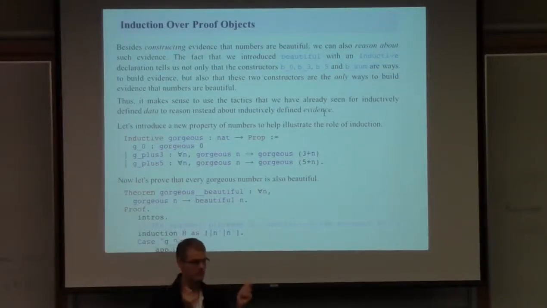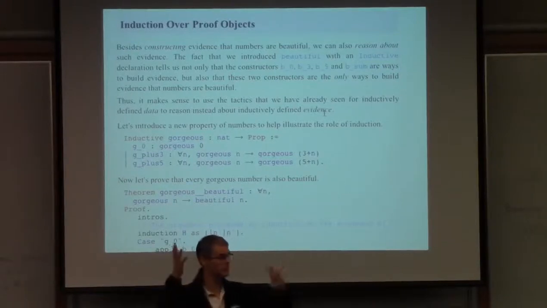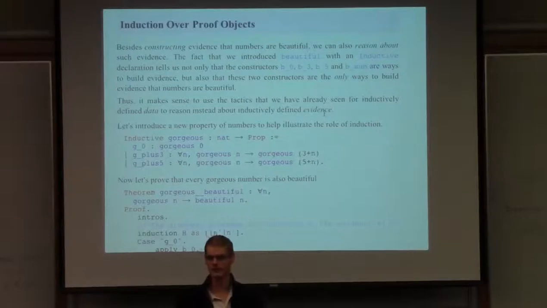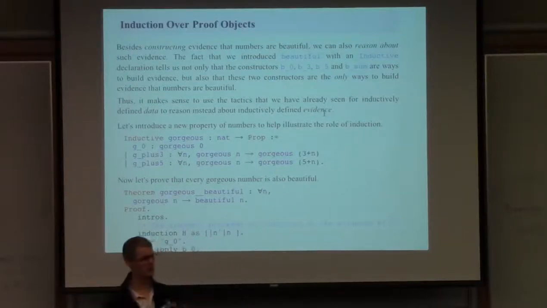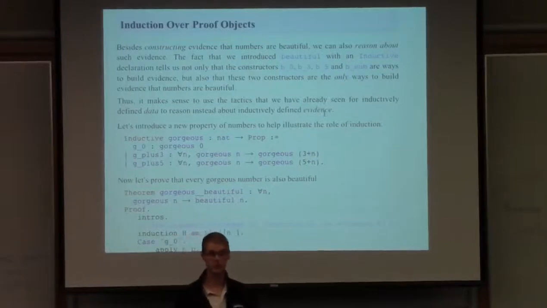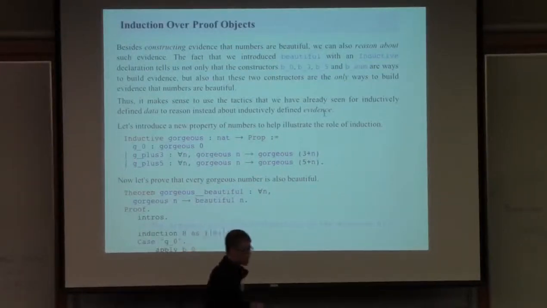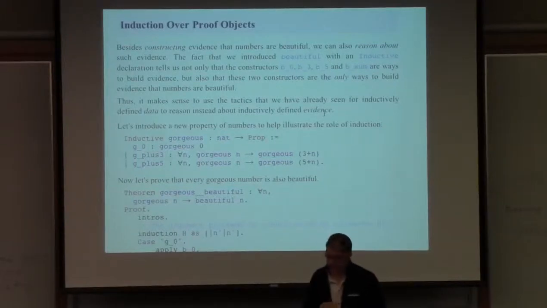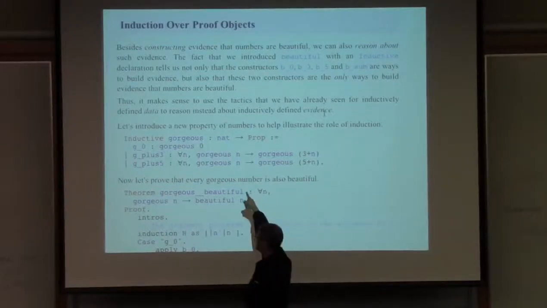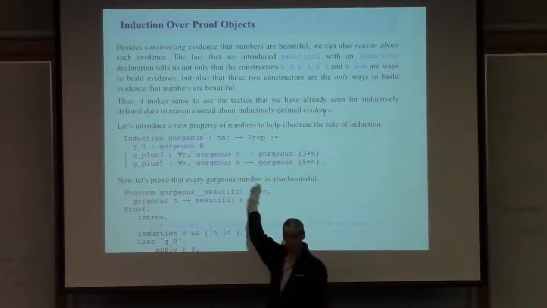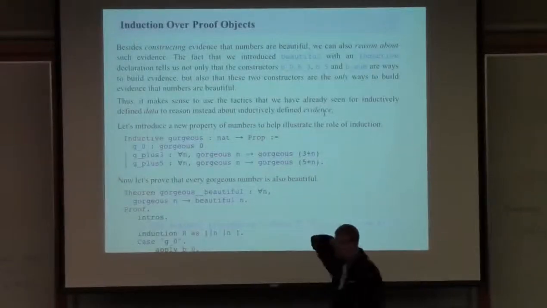A proof that some number is beautiful is a derivation tree in the tiny little four-rule logic that I defined for reasoning about beauty. And we can do induction on those derivations. So, for example, here is a different property of numbers. This is the property called gorgeous numbers.